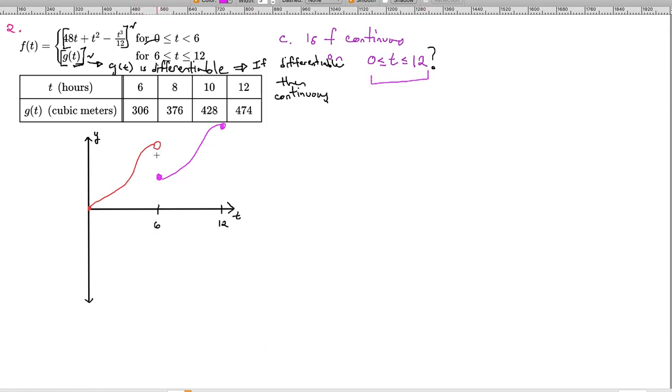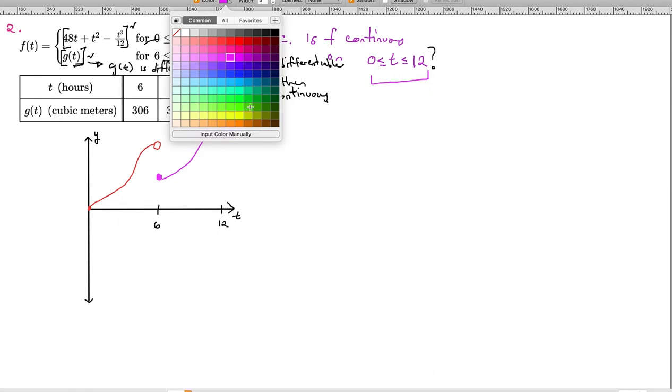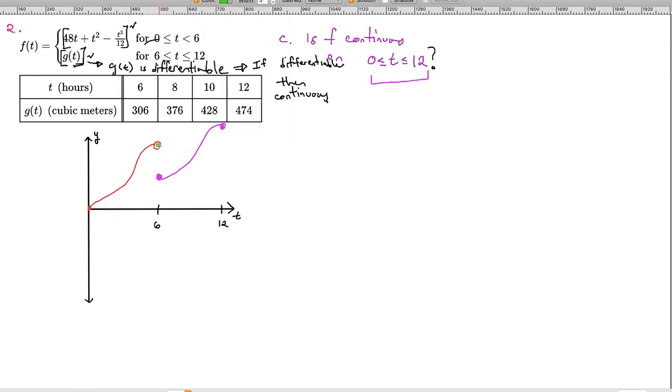This would be a jump discontinuity. But it could look like this one, where it meets right there at that value and then goes up to some value. And then you see that f is continuous everywhere. And you want to essentially determine which case it's in.